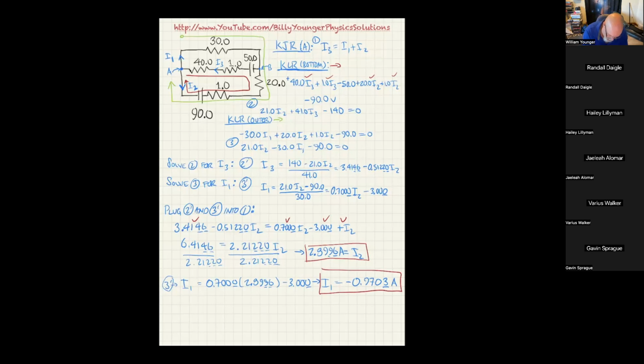And then now I'm going to take equation 2 prime, and that's going to allow me to find I3. And according to it, I3, that's just ugly. I'm just really bothered by that. Sorry.